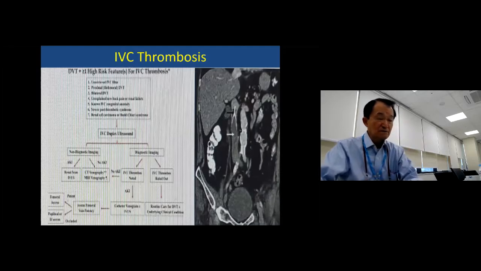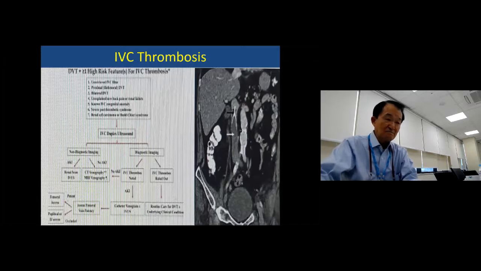And also on this reconstructed coronal image, you can see the IVC, the inferior vena cava, is completely thrombosed here.